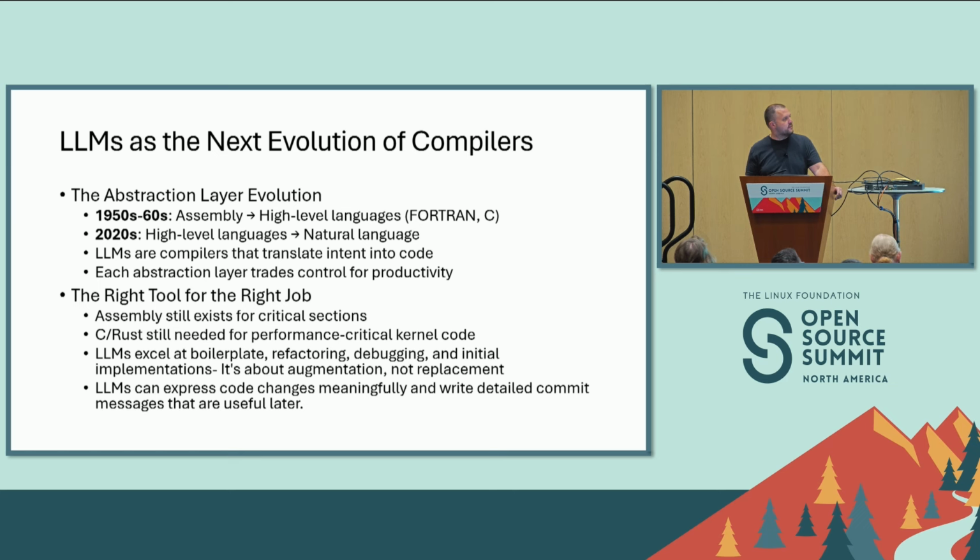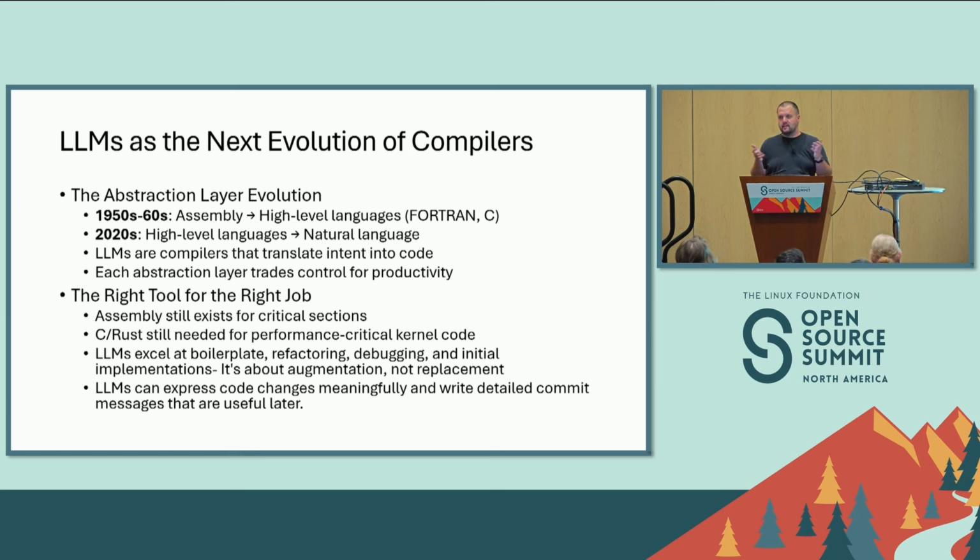Back in the 50s and 60s, everyone was working in assembler, right? And then C showed up. We didn't stop coding in assembly because C was suddenly perfect. C isn't perfect, but we stopped because C is good enough and we're more productive coding in C. To me, LLMs are a very similar trade-off. They're not perfect yet, but at some point they will be good enough to make us more productive.